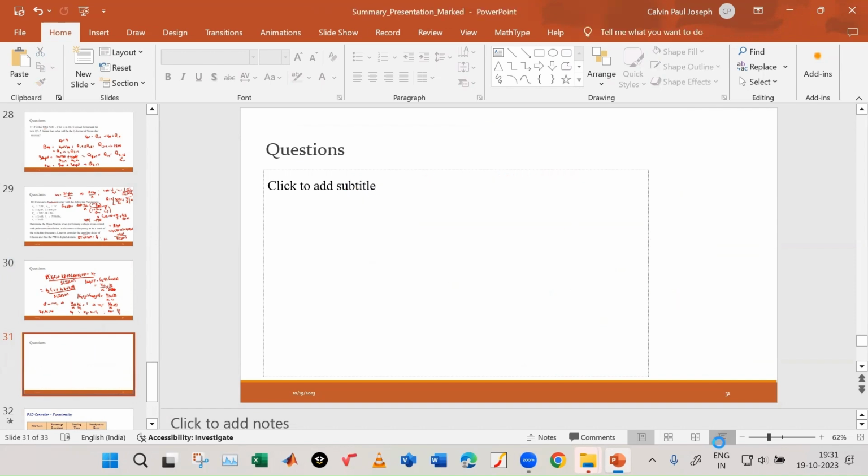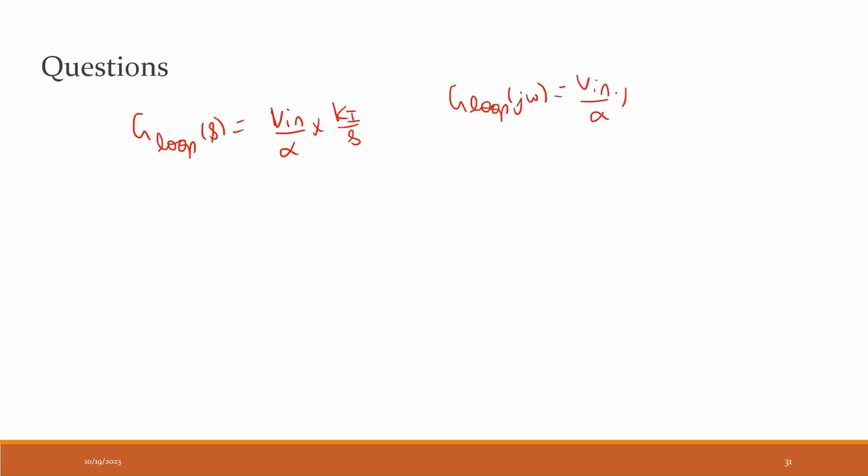So let's consider a case where there's no delay. My G loop of S came out to be Vn upon alpha into Ki upon S, right? So when we convert into G loop of J omega, it will be Vn upon alpha into Ki upon J omega.